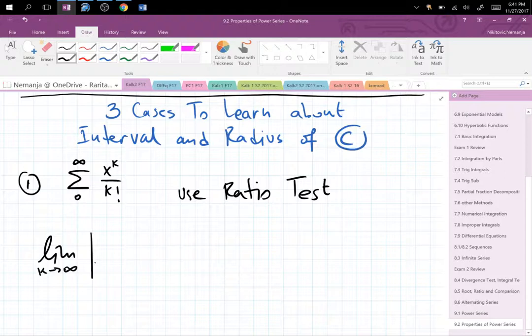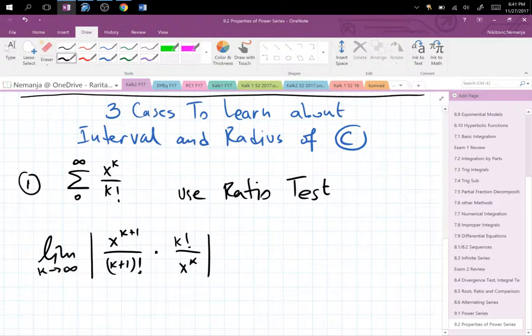All right, so what do we have? We are supposed to go with k plus 1 and then divide by the original series, which means multiply by the flip. I'm skipping a step here: instead of writing divided by x to the k over k factorial and making a double fraction, I immediately multiply by the reciprocal.